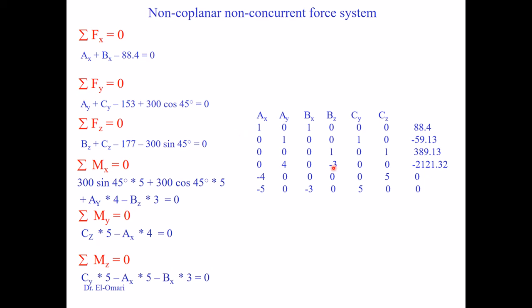I would invite you, after doing all of that, to change maybe only the sign of that 3, or put this here instead, and see how the answer will be totally different. So you have to be careful. That's why it's better to first write down this matrix, and then review again with the equations.